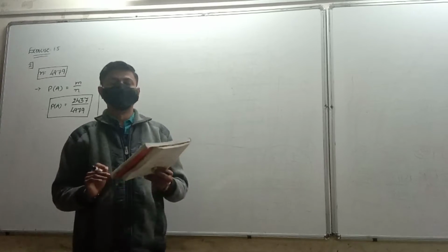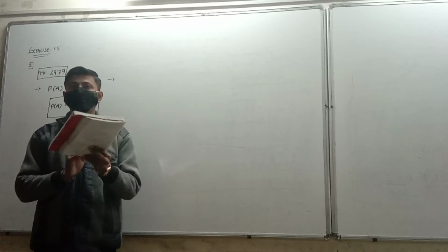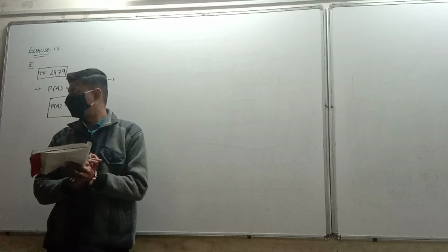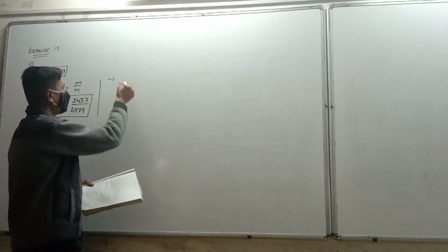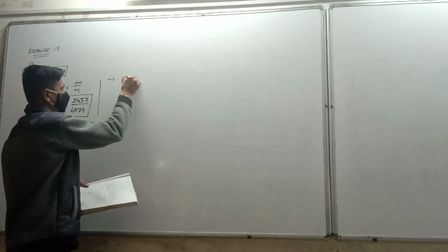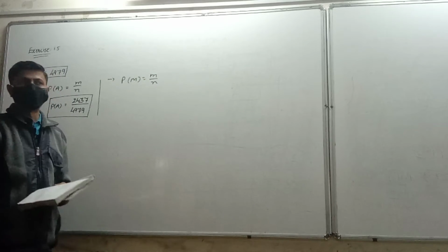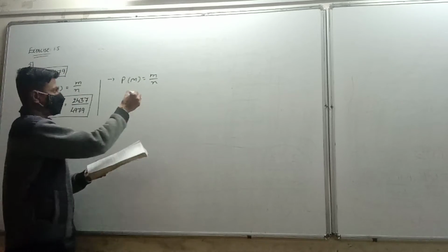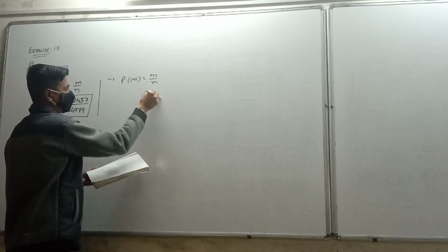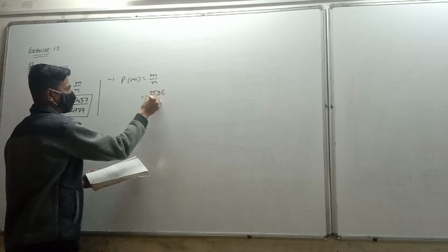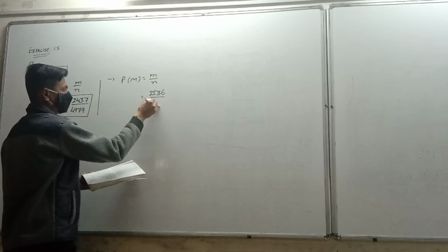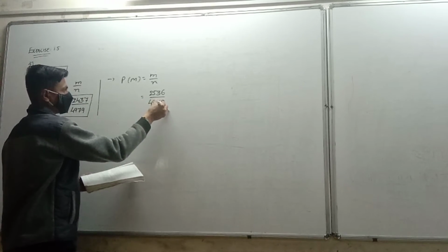New line. So total number of males 2536. So write down P of capital M is equal to m upon n, 2536 upon 4979.